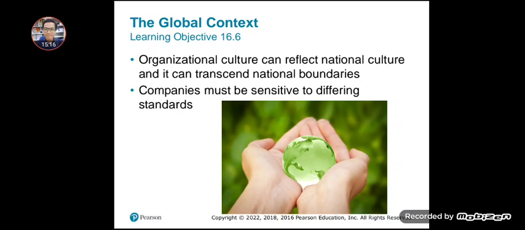Okay, now we go to the discussion about the global context of organizational culture. So we need to understand that organizational culture still exists within a local culture, and that we cannot ignore.